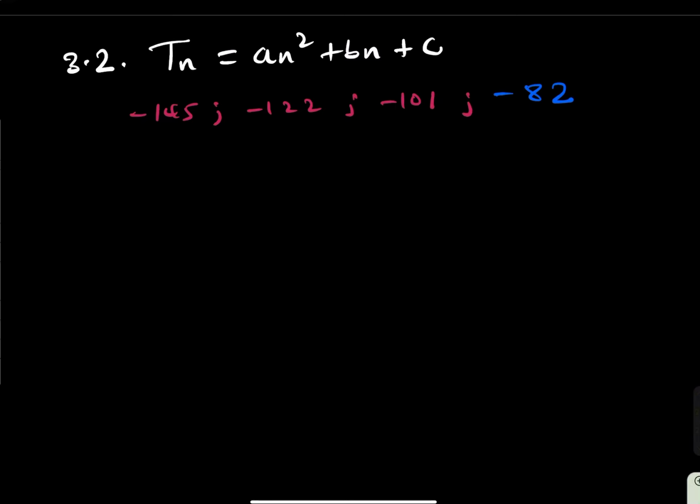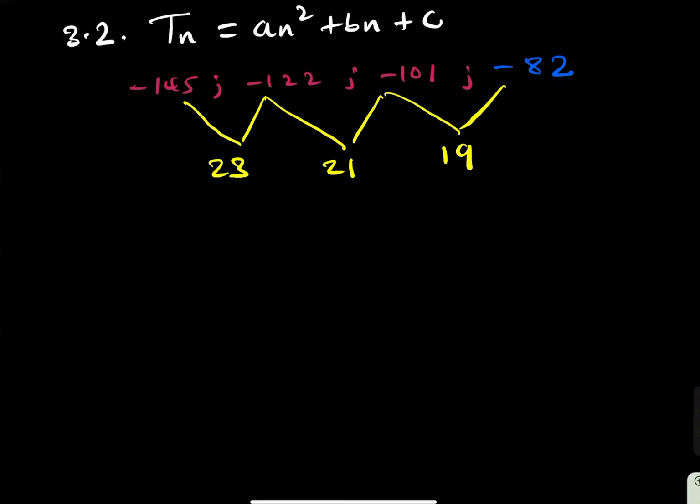For the first difference we got 23 and then 21, so I need to get the other one: minus 82 minus minus 101, which is plus 101, gives me 19. So I need to get the second difference now.